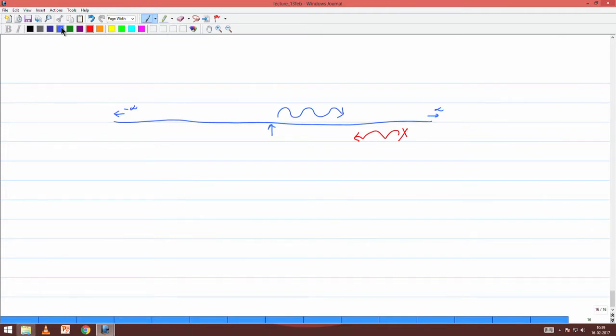In the region to the left of the excitation there will be only a backward travelling wave, there cannot be a positive travelling wave because there is no reflection, there is no excitation on the left side of it, right.